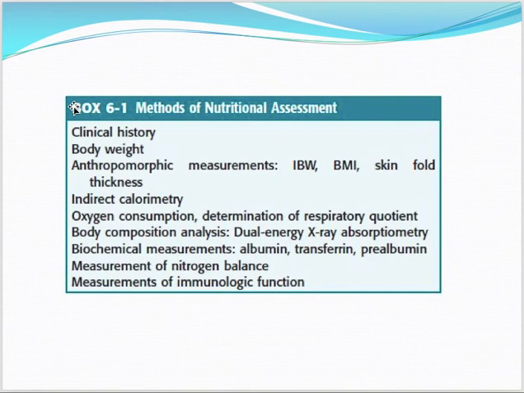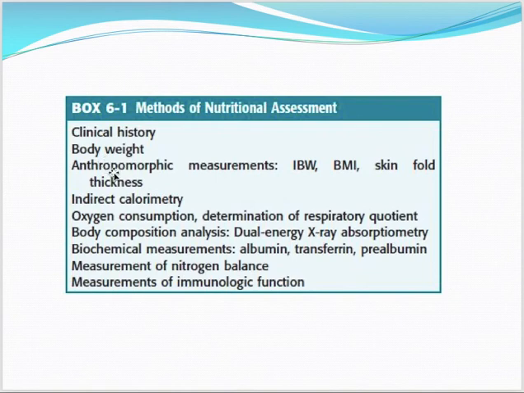Now, what points can you ask in the history? You can ask whether they are suffering from any chronic disease, whether they have lost weight recently, how their appetite is, and all these things. So clinical history is very important.